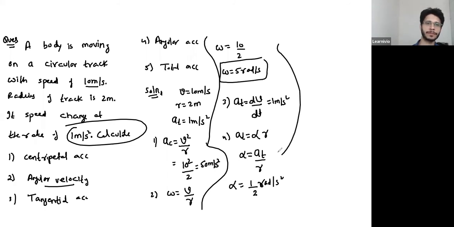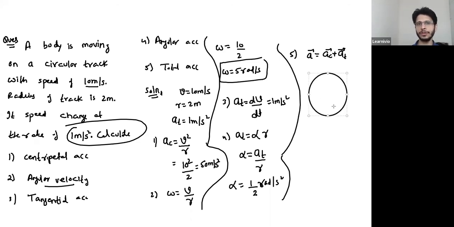Last one, fifth, total acceleration. So the total acceleration is the sum of centripetal and tangential acceleration. For total acceleration, always draw the circular path. This is centripetal. This is tangential. Angle between them is 90 degrees.